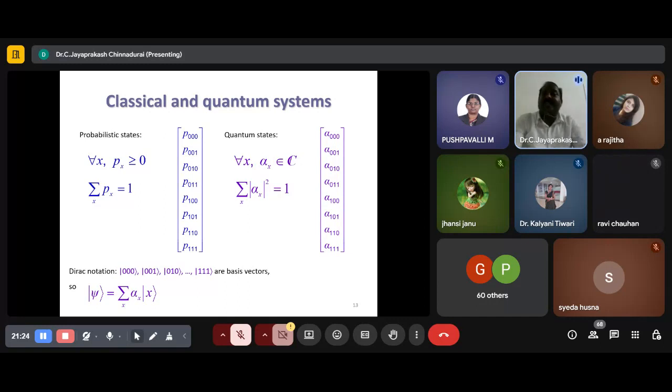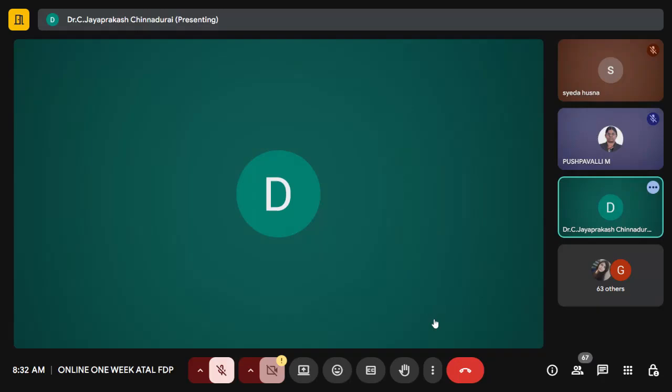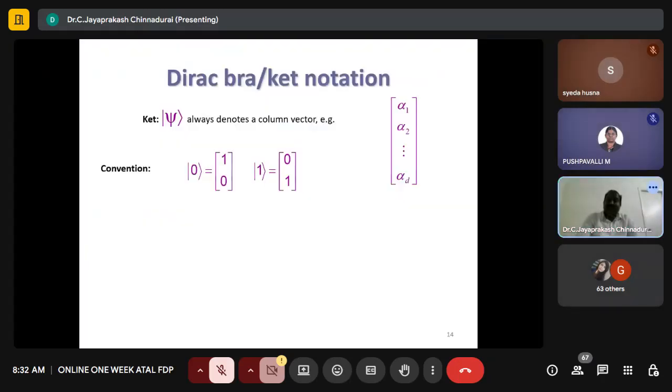This is the difference between the classical system and quantum system states. See this one in direct Bra and Ket notation, how it is represented. Ket psi always denotes a column vector. For example, alpha 1, alpha 2, represented in column form. By convention, the state 0 equals 1, 0, shown in column format.